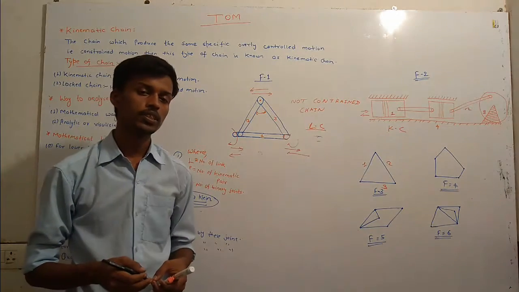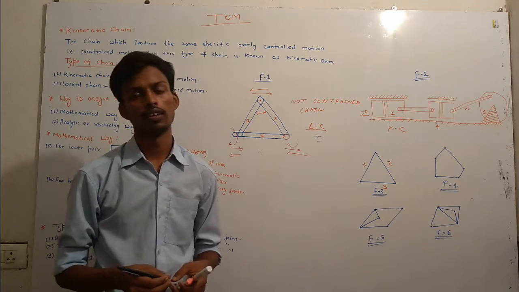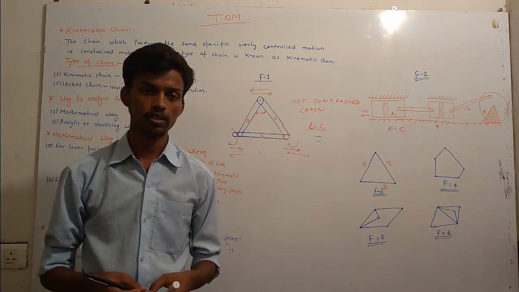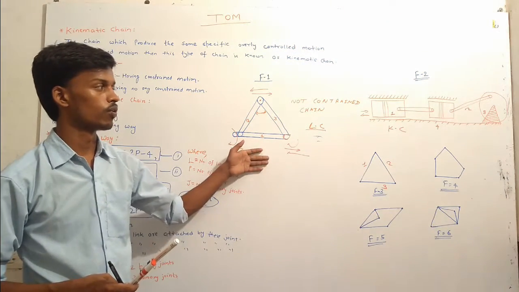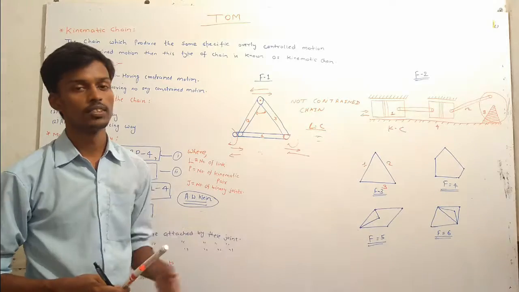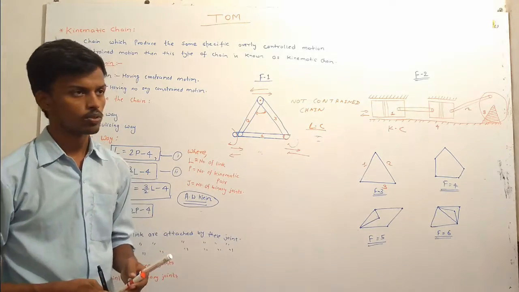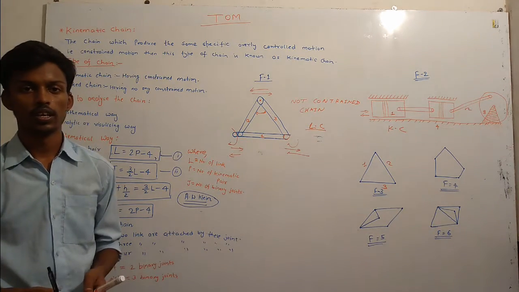The second one is the mathematical way. We will discuss that further. Here we have already discussed how we can analyze the chain by visualizing the mechanism.